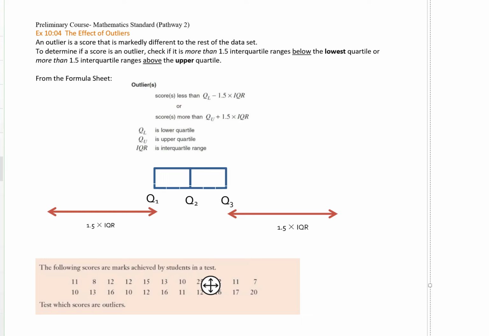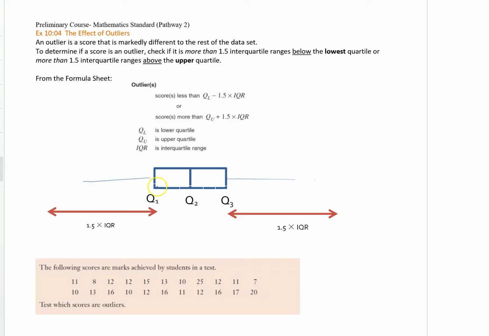So this diagram here is indicating that we've got our results put onto a dot plot. And as you know, a box and whisker. So you've got your box, and then the whisker goes off in this direction.